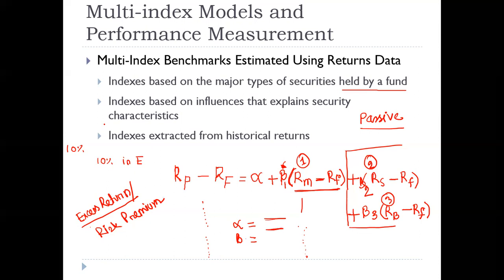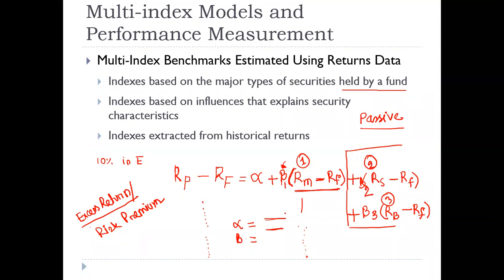In that case, you have selected a security which is not included in the index. In that case, are you a passive fund manager? You are no longer passive. You are doing an active allocation in a particular security because you have selected a security which is not in the index.